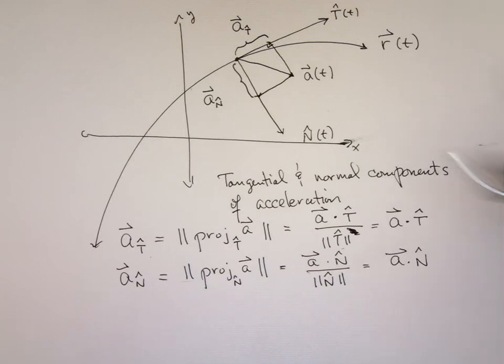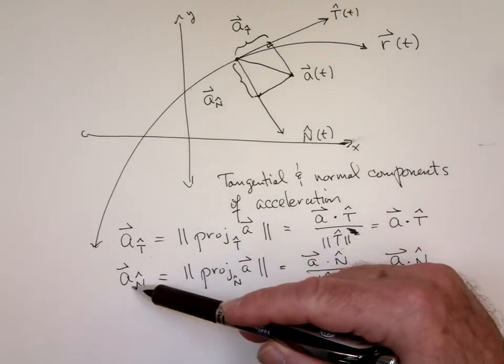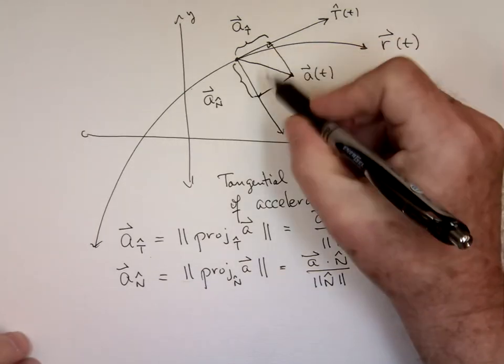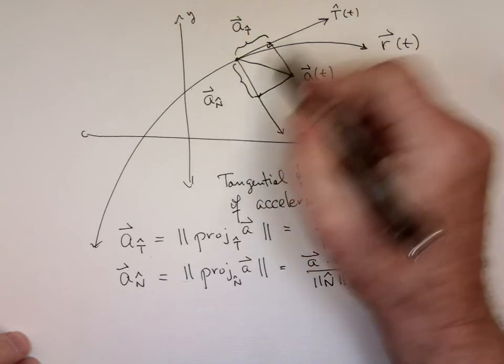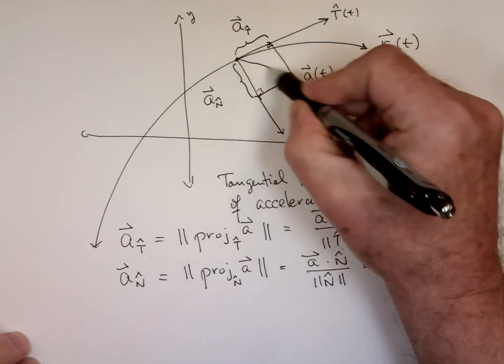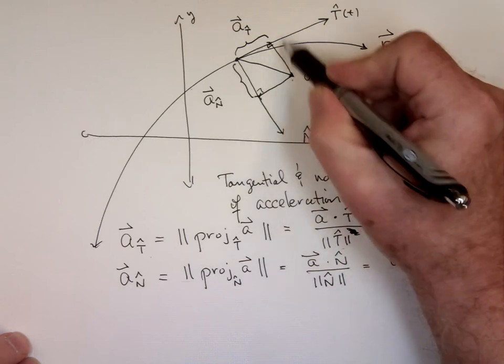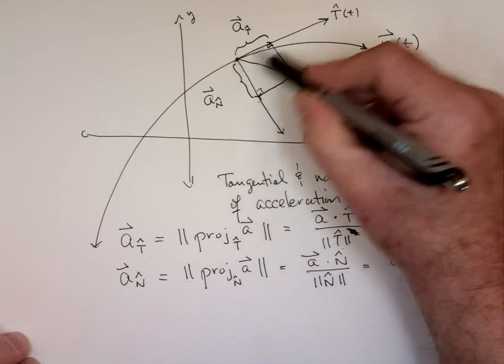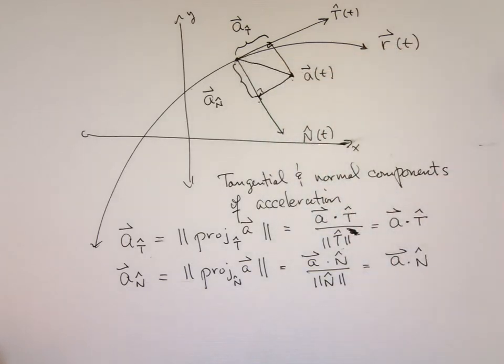The square of the acceleration. That's exactly what it is. Because this and this are the same, you've got this right triangle. Here's your acceleration. We've got the length of that projection, and this is the same as this. So this squared plus this squared should be that squared. So let's do it.